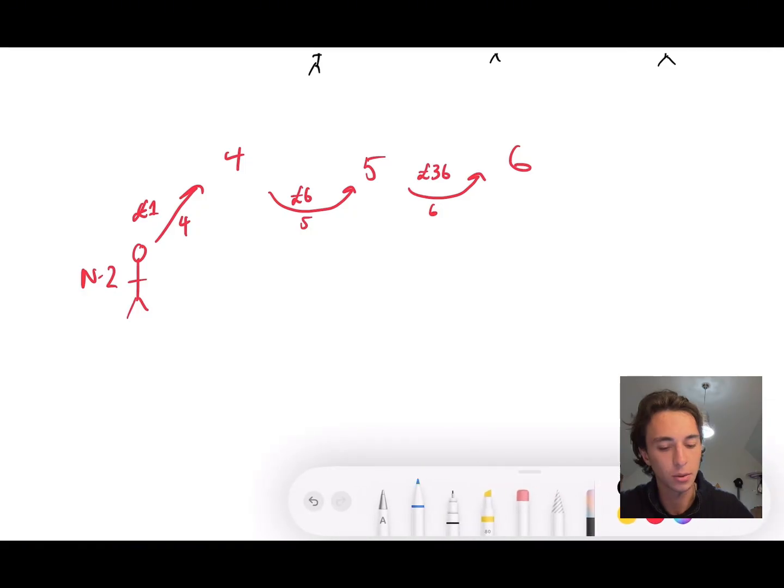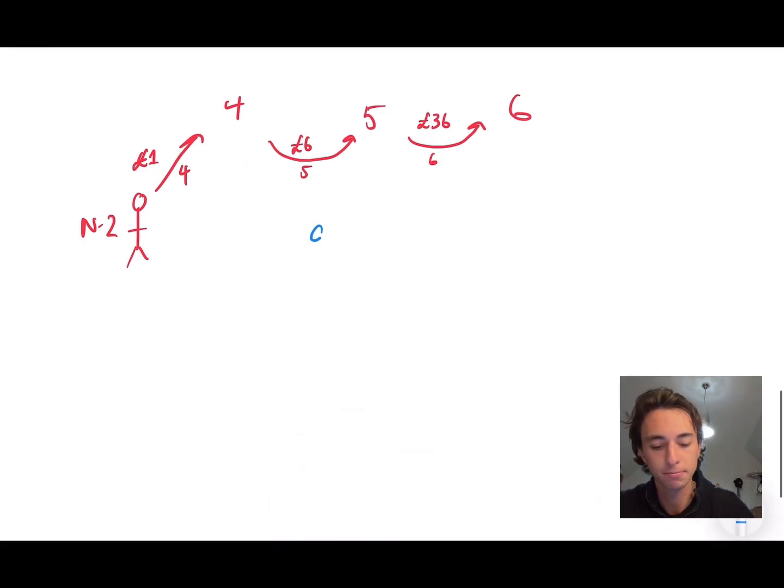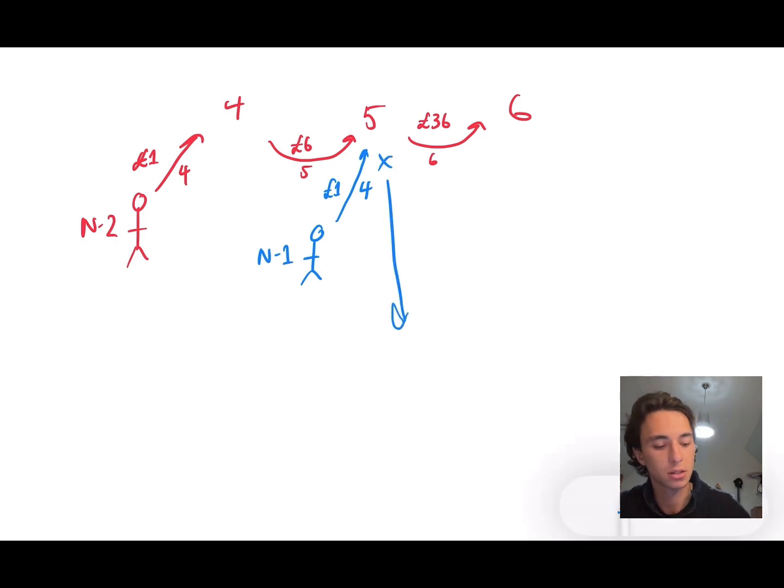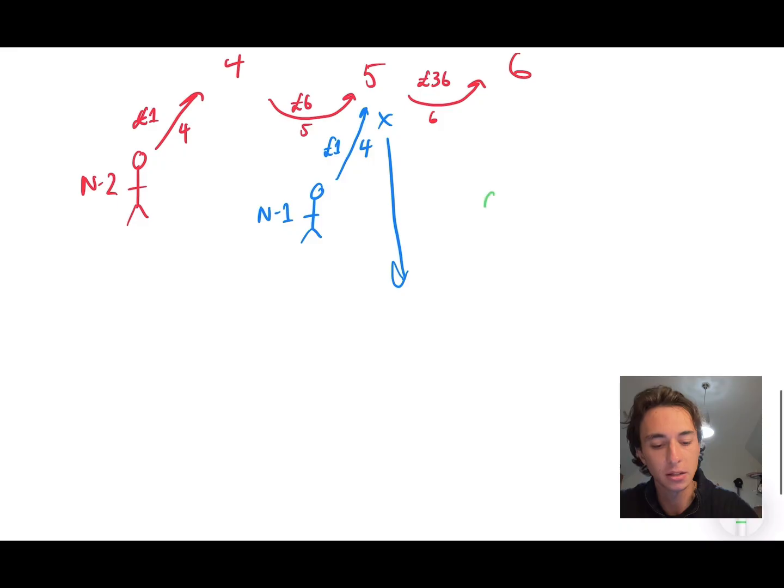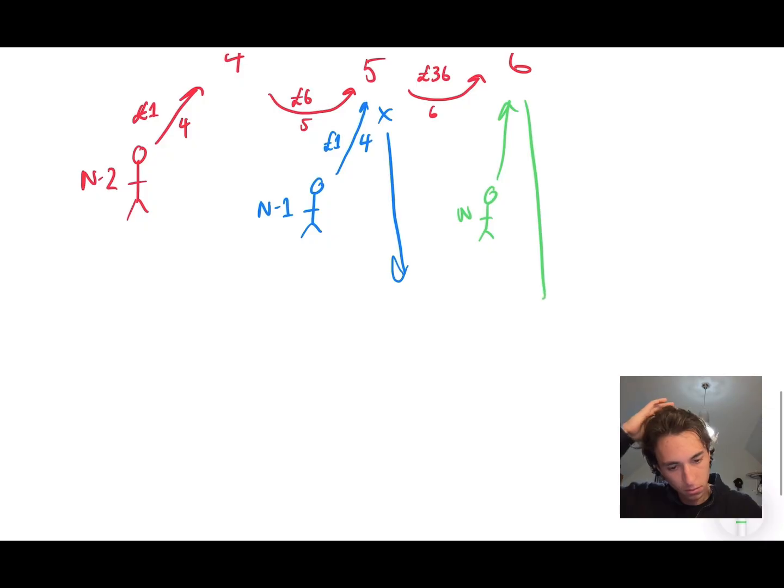But now we have player 2. They bet £1 this could be 4, and they don't win. They just leave. Same goes for player N. They just leave.